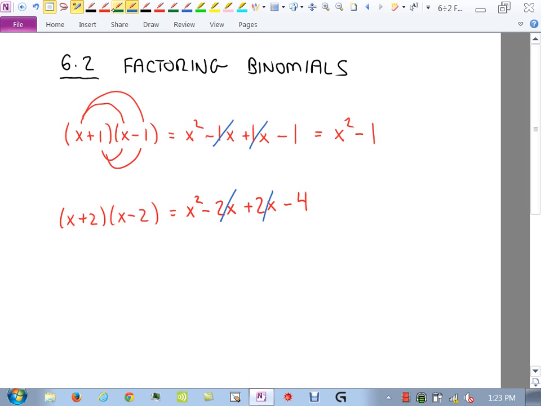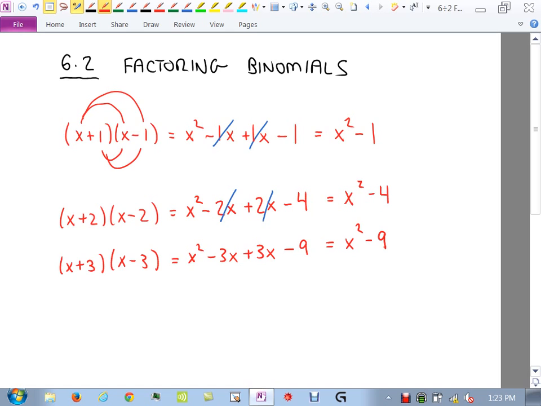Again, they cancel. So all you're left with is x squared minus 4. What would happen if I take x plus 3 times x minus 3? X squared minus 3x plus 3x minus 9. The middle terms cancel, I get x squared minus 9.